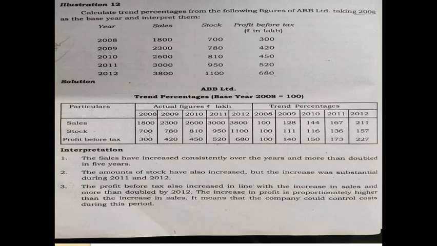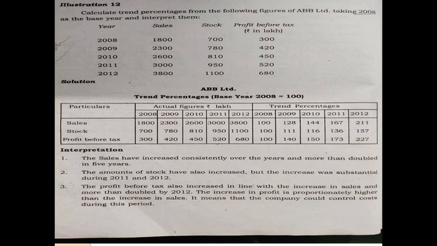See here, you need to calculate the trend ratio from the following figures of ABB Limited, taking 2008 as a base year, and interpret them. You are given sales, stock, profit before tax. No statements, no account, nothing. Just 3 items relating to 5 years.